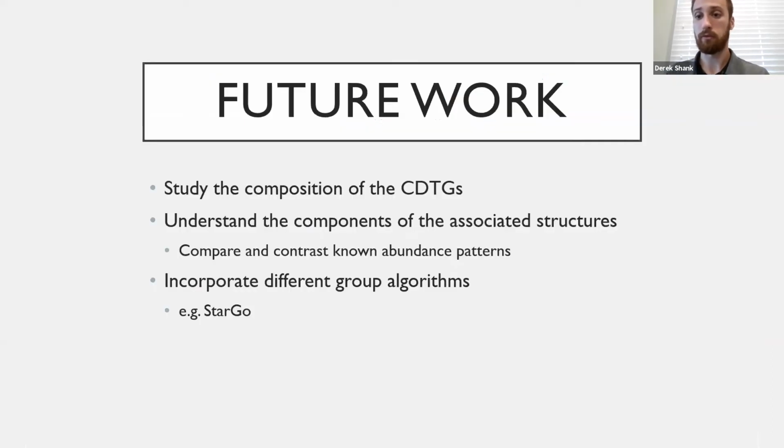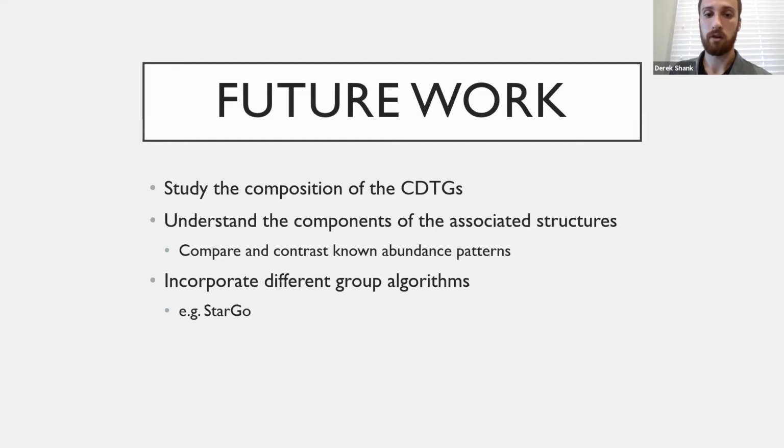Yeah, so then in the future, more work that we have to do. We can study the composition of the CDTGs. So look at the europium abundances and the barium abundances and figure out how they correspond to the different substructures that we have in globular clusters and past work and all that stuff.